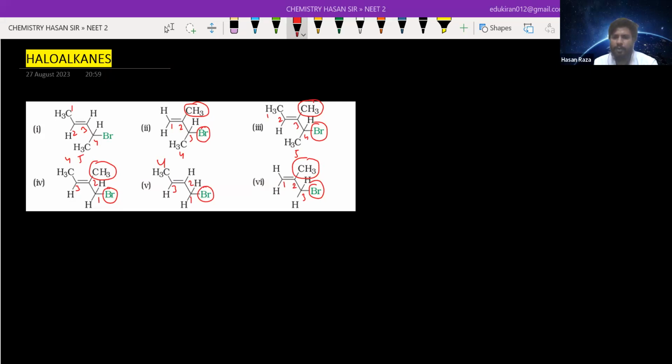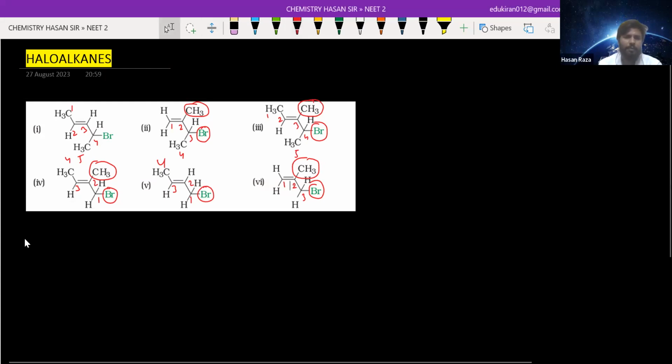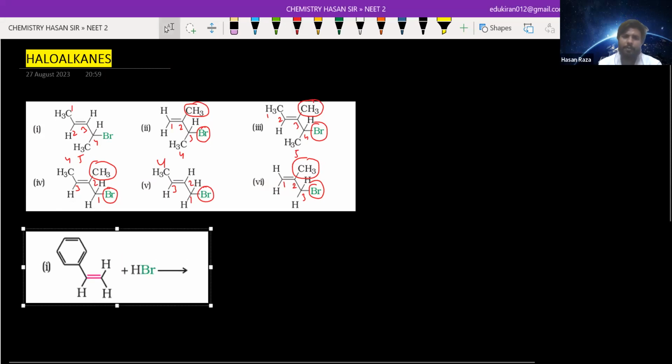So a very simple question I'm going to give you. And this is also from NCERT basically. Rabia, you have completed this chapter, right? Rabia, why are you not responding? Am I audible to you? If not, let me know.